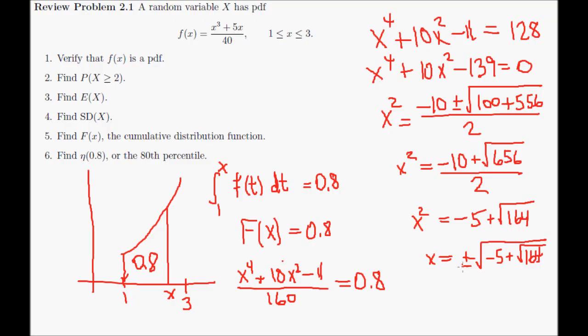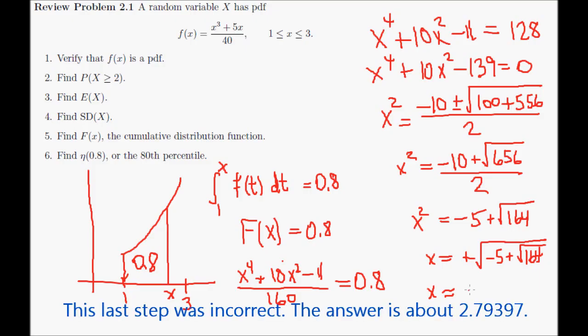Now once again, which is it, plus or minus? Well, in this case it has to be plus. The reason is because x must be something between plus 1 and plus 3 in my picture. So the negative solution there is also extraneous, and so I will just simply get rid of it. And so there is my answer. x is equal to the square root of negative 5 plus the square root of 164, and plugging into a calculator, that gives us x is approximately equal to 2.72207.